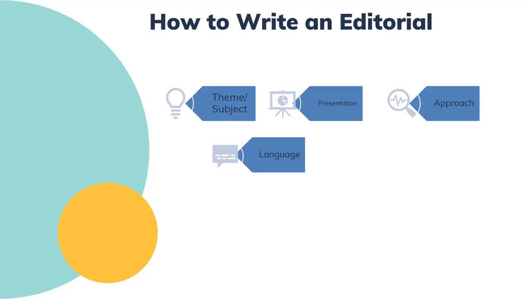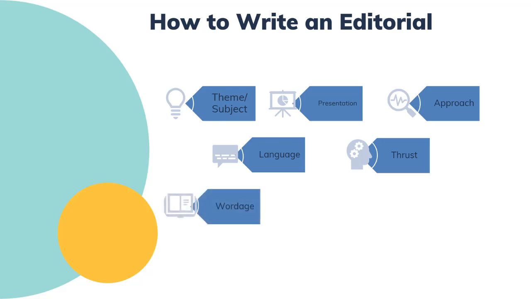Then, using keywords repeatedly will make the readers understand it better. That will come under the language. Then we have thrust. Thrust is something of a push, that is, to encourage them to think and take action. Again, word limit 500 words. Then, not using first person reference is the style in which an editorial is always written.